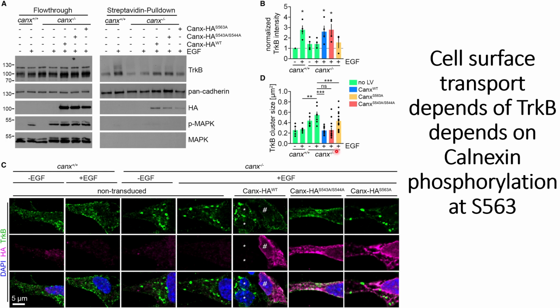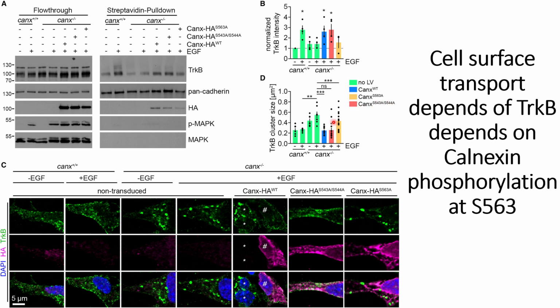In the case of Calnexin depleted cells, the construct of Calnexin that has a mutation at the serine 563 site has more cluster formations, and it is statistically significant compared to the case where the wild type Calnexin construct is introduced, or the Calnexin with the CK2 phosphorylation sites is introduced.